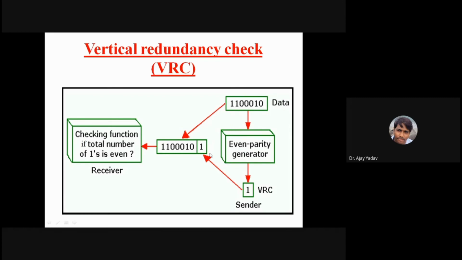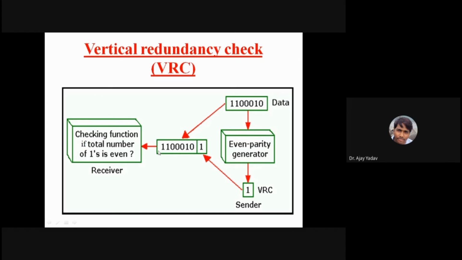So your parity bit checker, your redundancy checker, will check the total number of ones. If it is odd, then it will add one more one. Now you see one more one is added here. This whole block is the data, and this one is appended because the total number of ones was odd previously.